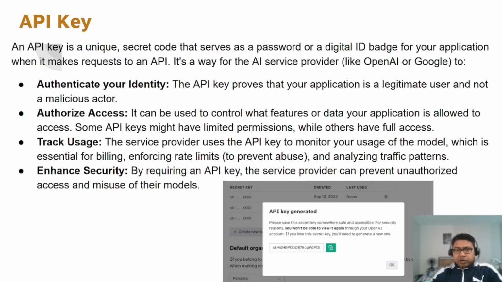And then enhanced security. Obviously it can stop unauthorized access. Unless someone is trying a different API key, it will block it. It means it has to be exactly the API key which we have created for us. So this is the API key, which is very essential to use the APIs.